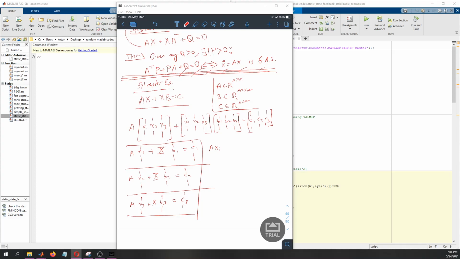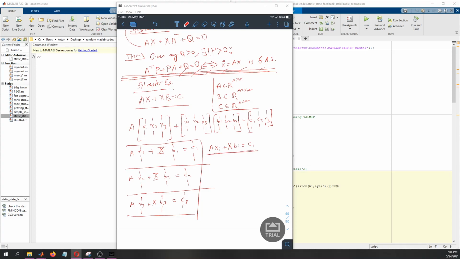A x_i plus x b_i equals c_i. Of course, you can conclude this using the three given column notations. You can convince yourself this is correct.